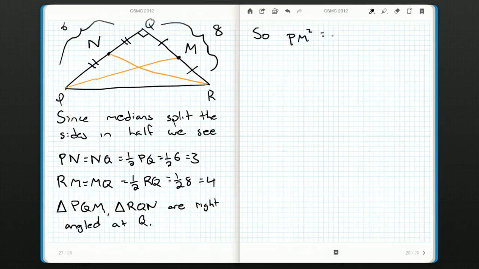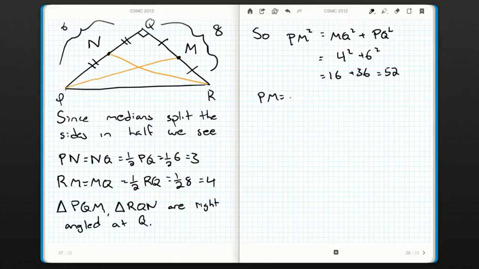So PM squared is going to be MQ squared, which we know, plus PQ squared, which we know. So that's 4 squared plus 6 squared. So that's 16 plus 36. We can get out our calculator if we need to, but if we don't need to, we can see that it's just going to be 52. So that's the square root of 52.